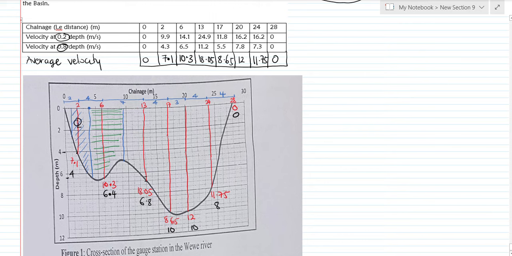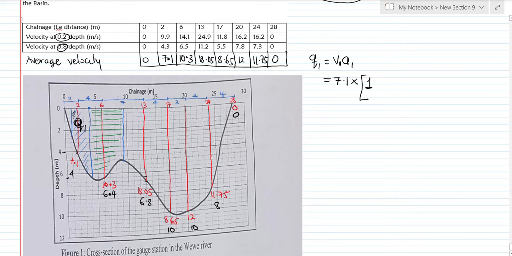So we start. This will be our first chain, small Q1. So Q1 will be equal to the formula that I gave: V1 A1. What is V1? V1 is 7.1, multiplying E1. E1 is the midsection at this side, which is 1.